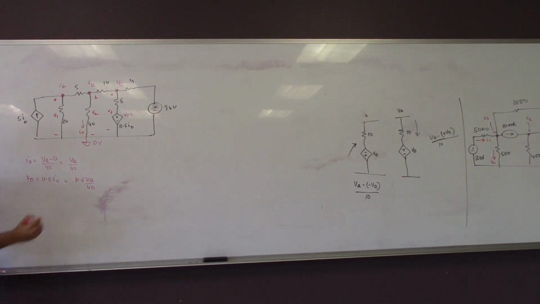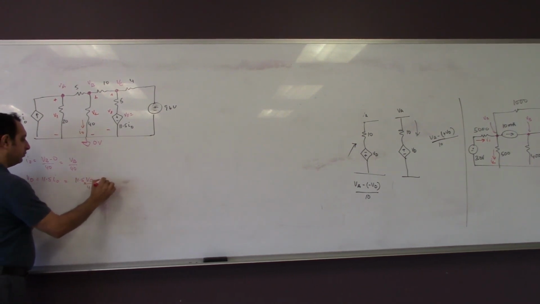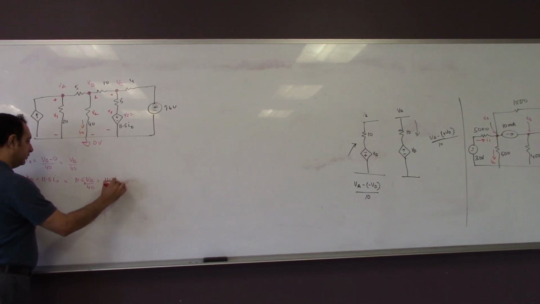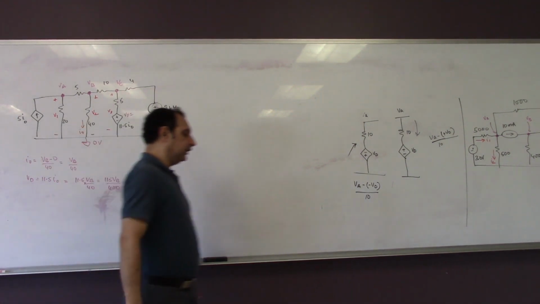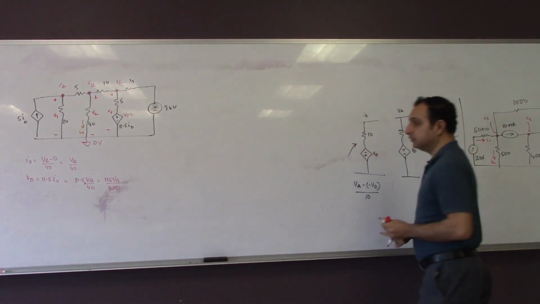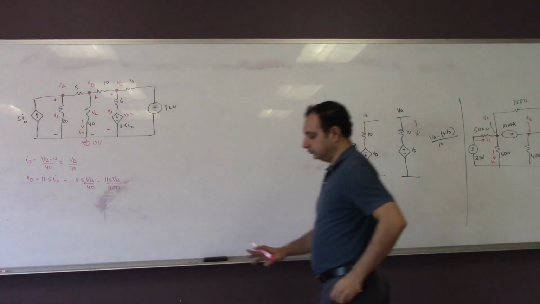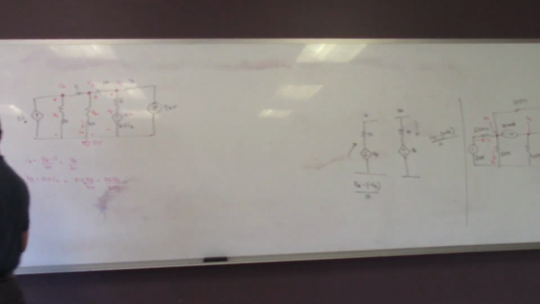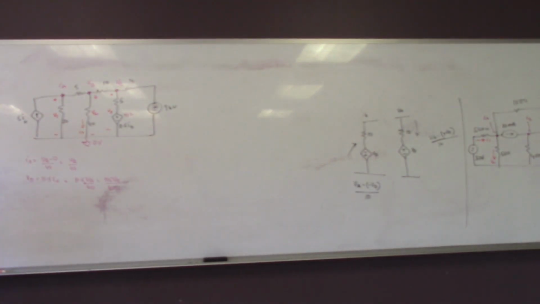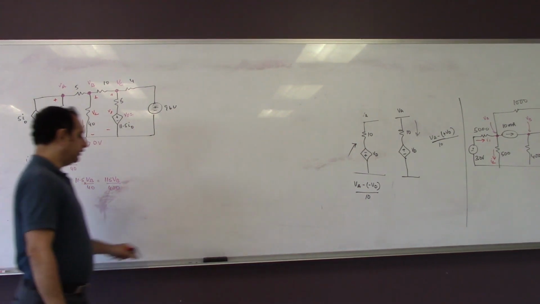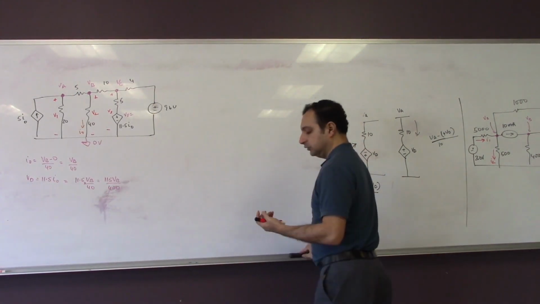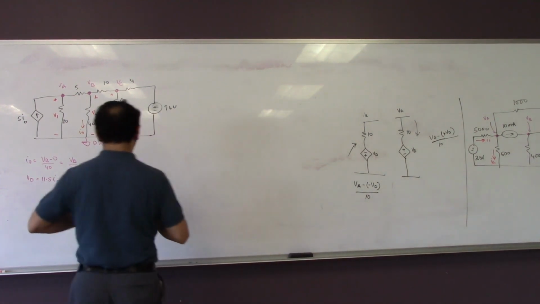I'll just multiply and divide by 10 to get rid of the decimal. Yes, we'll come up with 3 equations. We'll see how to reduce them.